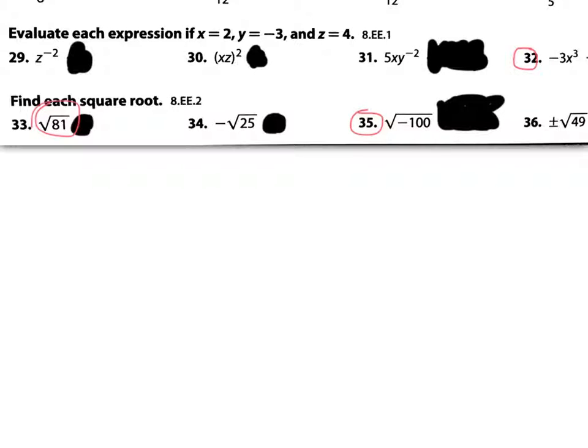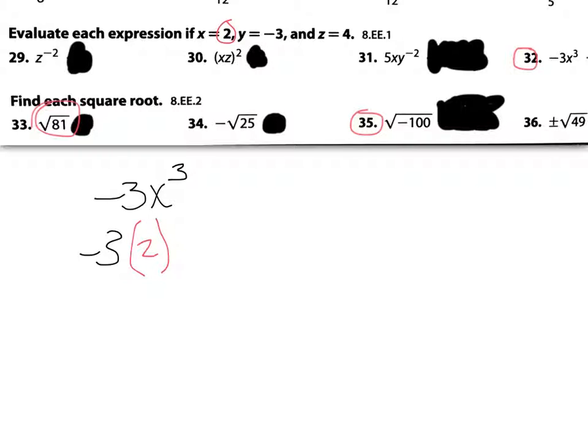Okay, I've gone ahead and circled the one you guys need to do. So here are the numbers up top here that we use. So x equals 2, y equals -3, and z equals 4. So the first one we have -3x to the third power. Okay, so we're using x on this one. So -3, and we're going to take out the x and we're going to put in x equals 2.